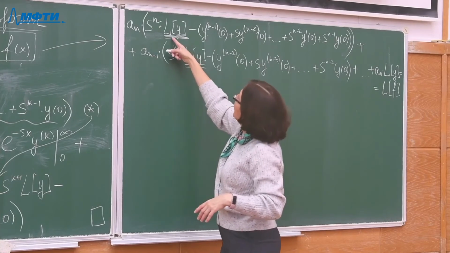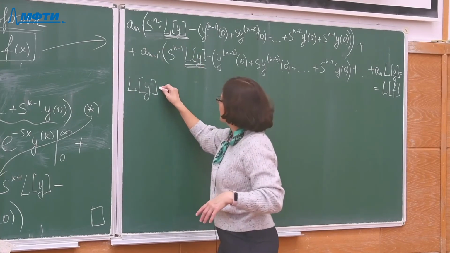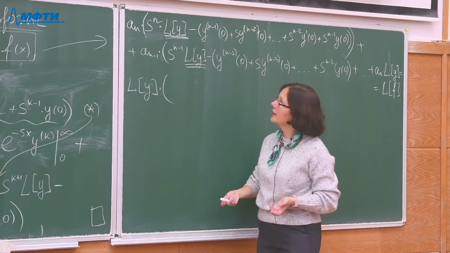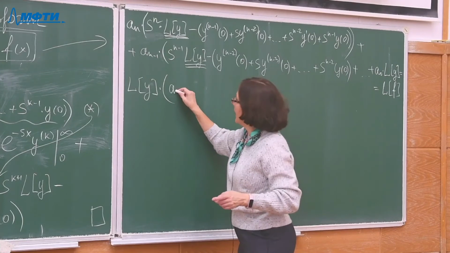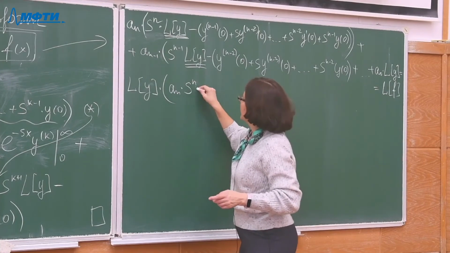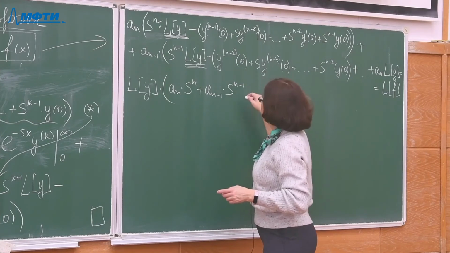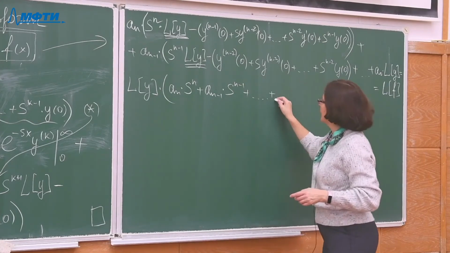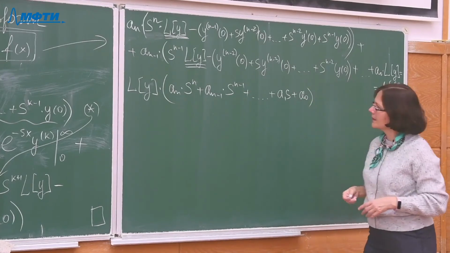So L of y is multiplied by what? What is the coefficient of L of y? Look here, a_n is multiplied by s^n. So a_n s^n plus a_{n-1} s^{n-1} plus ... plus a_1 s plus a_0.